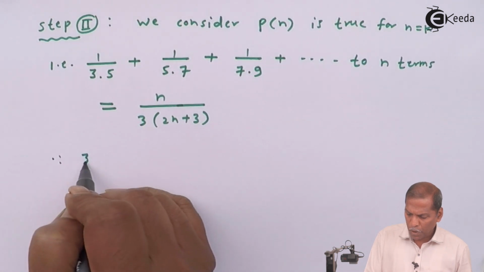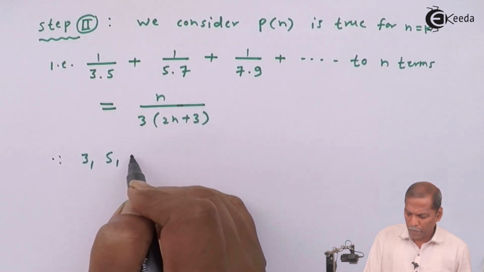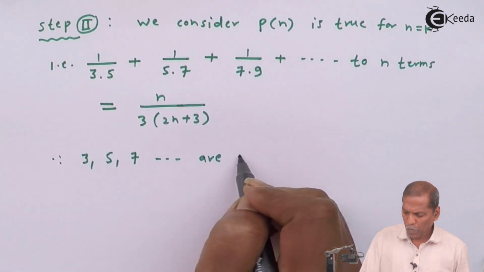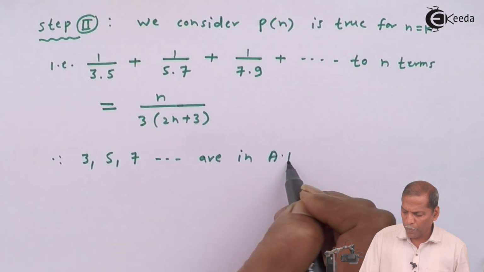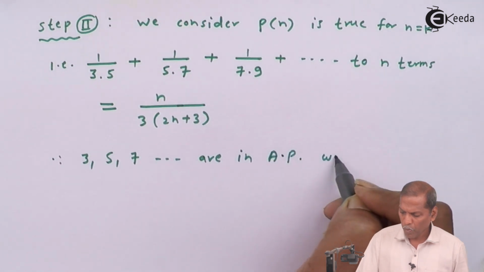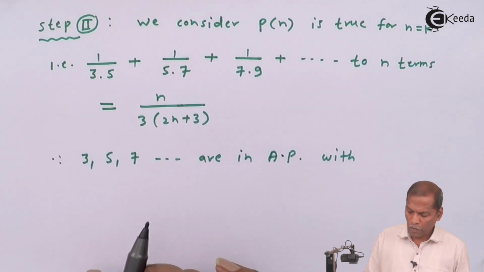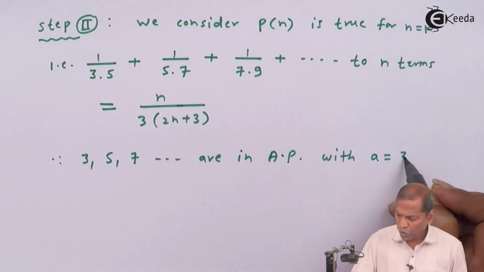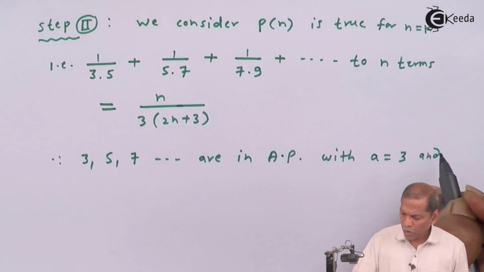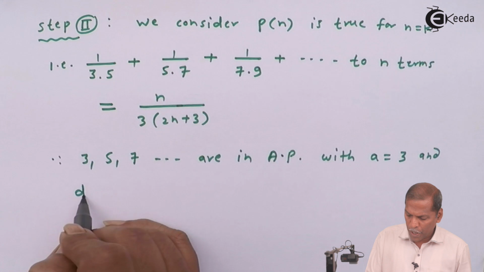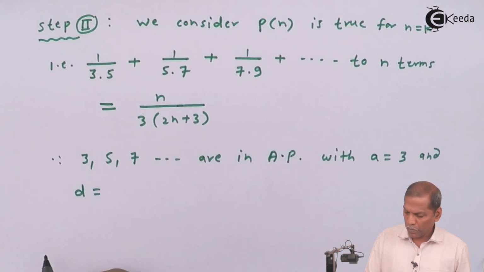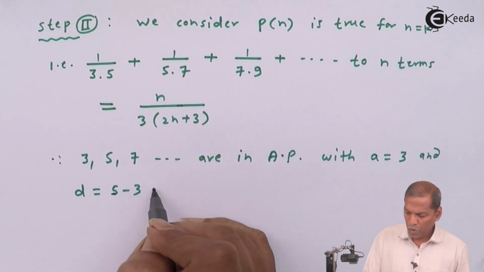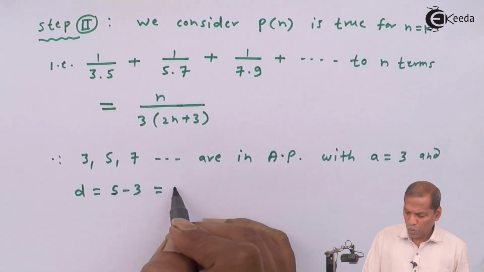So 3, 5, 7 dot dot are in AP with first term A equal to 3 and common difference D equal to 5 minus 3, that is equal to 2.